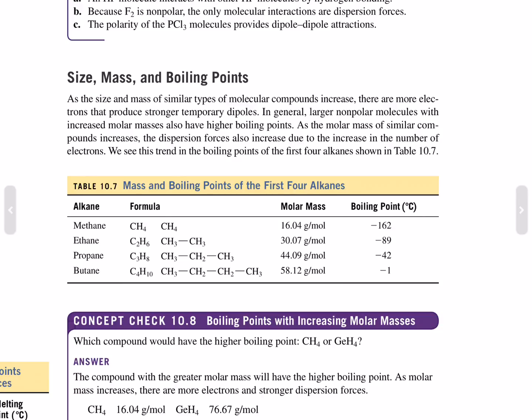We see the boiling points of the first four alkanes shown in Table 10.7. Methane has a boiling point of negative 162 Celsius, ethane negative 89 Celsius, propane negative 42 Celsius, and butane negative 1 Celsius.